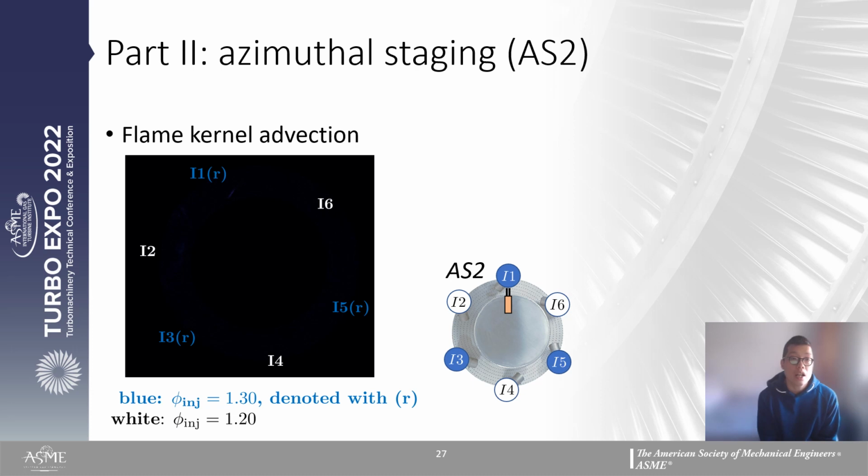So here, we have alternating injectors 1, 3, and 5. They are in blue, and they are richer than injectors 2, 4, and 6 in white. In this case, the flame kernel travels 2 injector positions away from the spark location before successfully igniting injector 3, as we will see from this video.